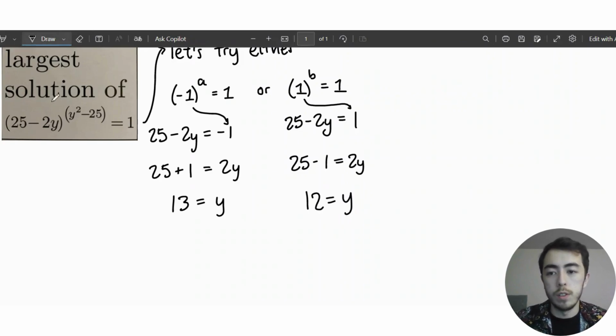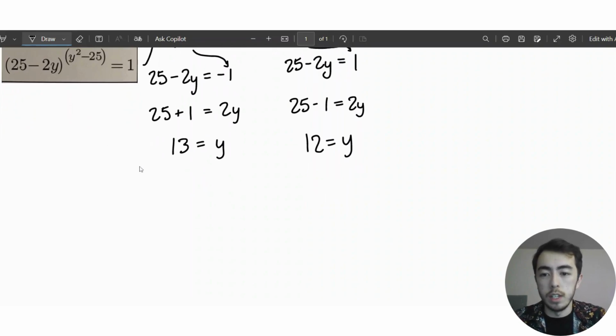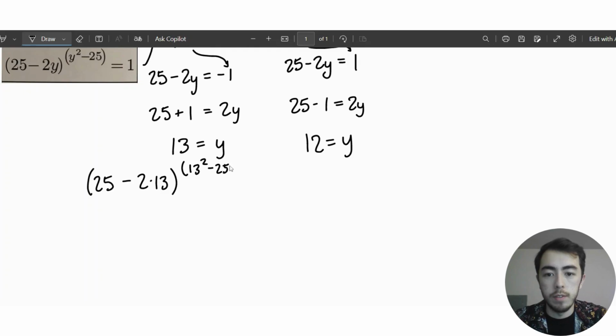Well, I got two choices so far, and I haven't considered this exponent part yet, so let me double check. If y is 13, let me plug it in. I'll get 25 minus 2 times 13 to the power of 13 squared minus 25.